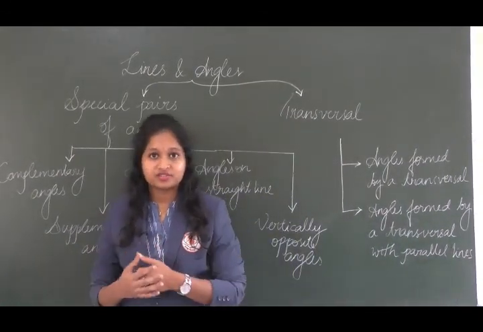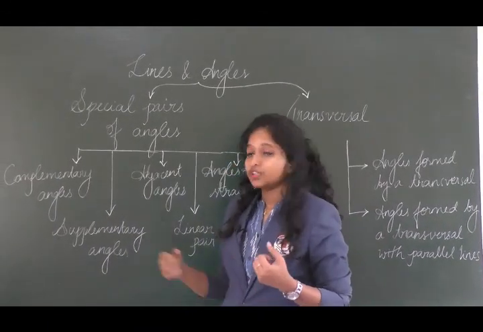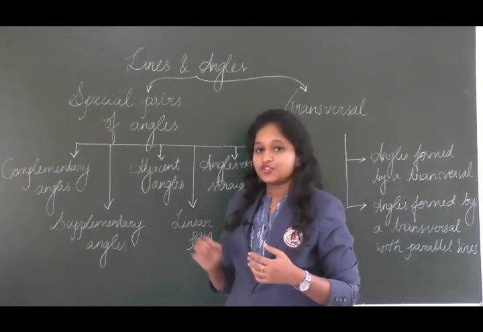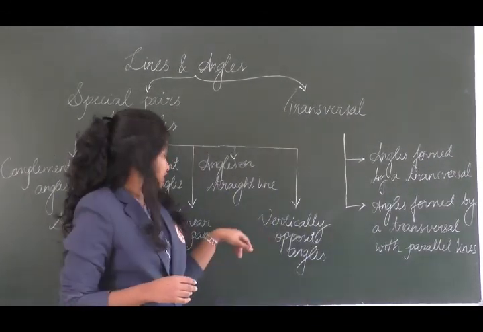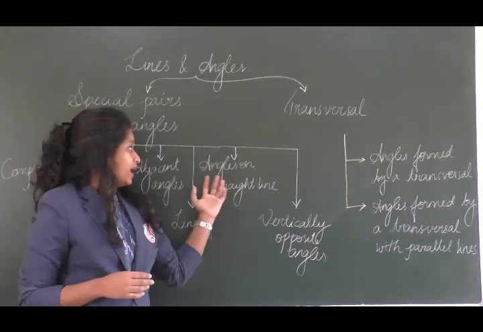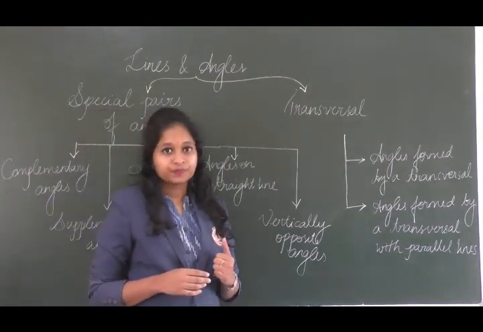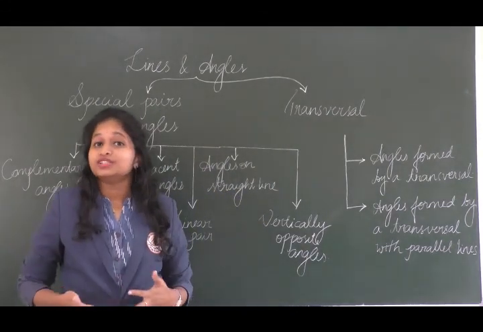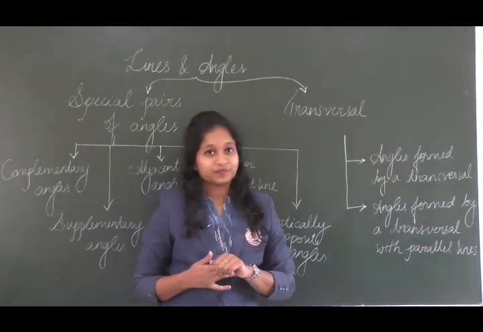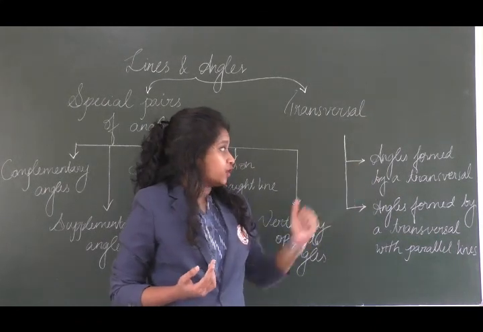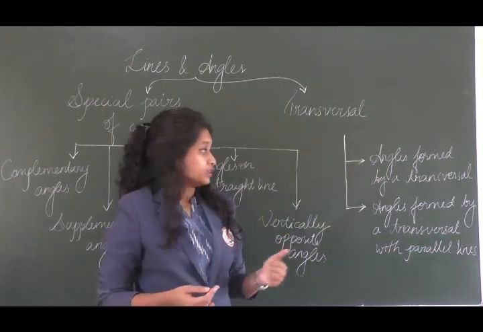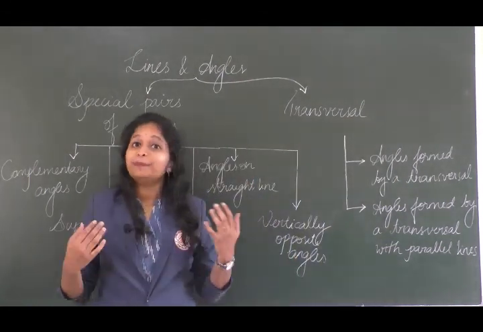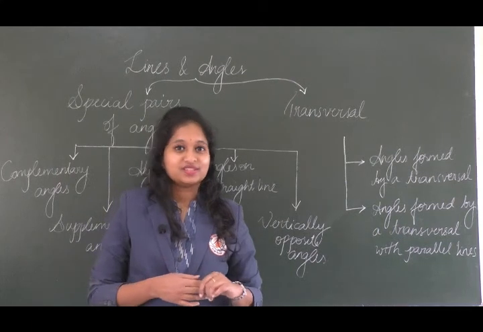Under special pairs, we learned about complementary angles, supplementary angles, adjacent angles, linear pair, angles on a straight line, and vertically opposite angles. We also learned about transversal. We learned angles formed by a transversal and angles formed by a transversal with parallel lines, isn't it?